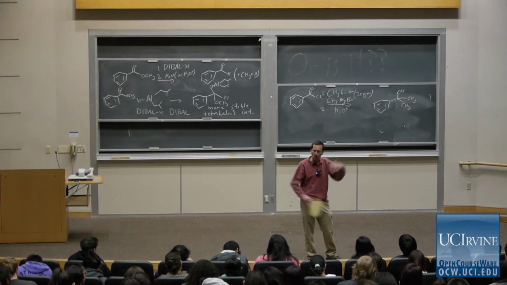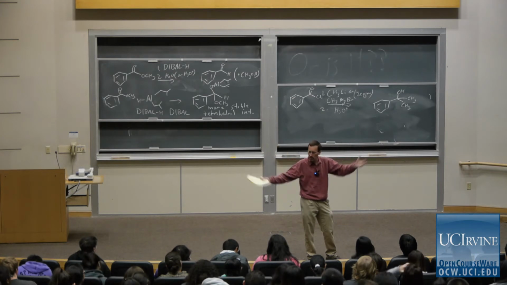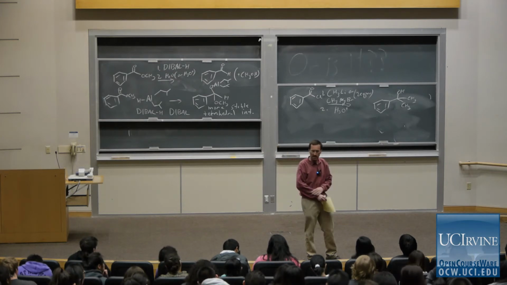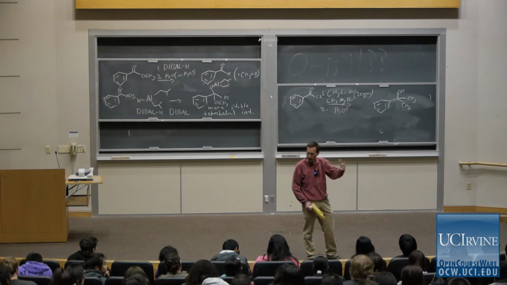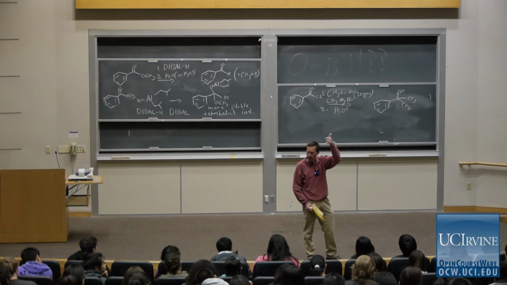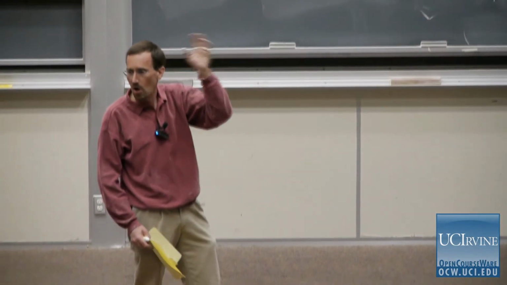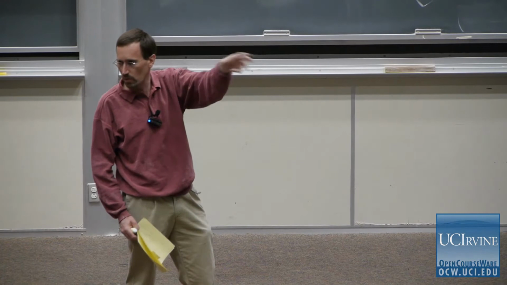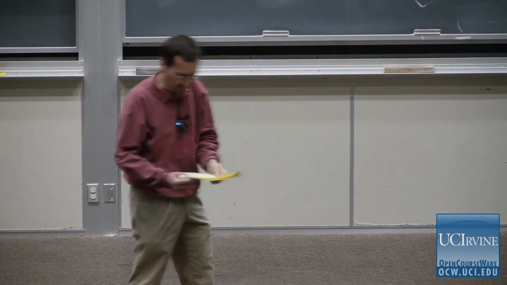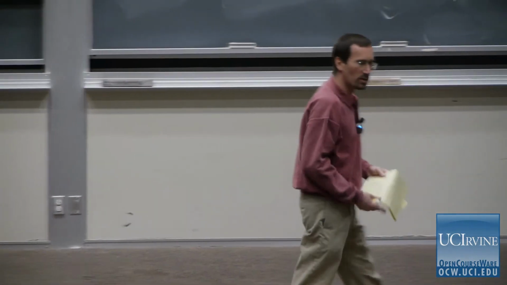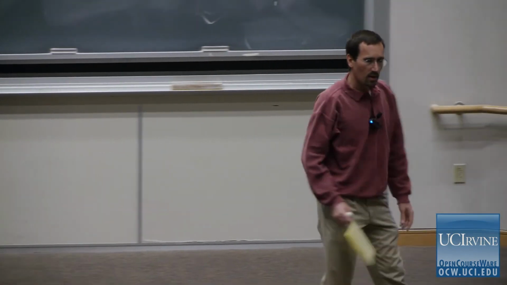But for the overall general principle, it's members of the carboxylic acid family with these powerful nucleophiles, lithium aluminum hydride, Grignard reagents, and organolithium compounds, all get addition of 2 equivalents and all kick out the leaving group. Question? Does it matter if this gets 2 equivalents or excess?